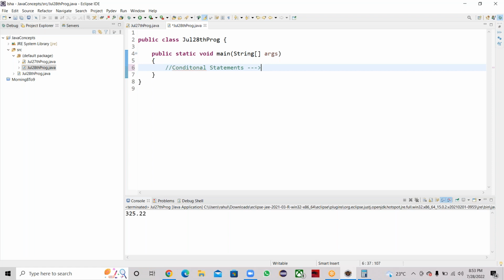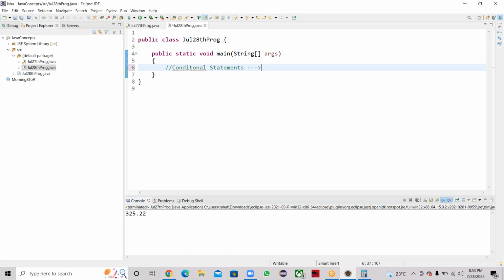So what do you mean by conditional statements? Conditions mean true or false: if, else if, else. Okay, nice. So how about others? Rishika, Geeta. Okay.